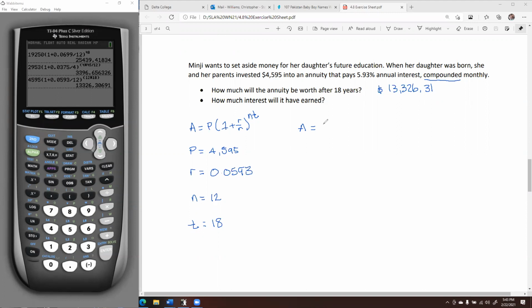The first part is going to be the principal that you invested. And the second part is going to be the interest the investment earns. Okay. So in order to answer part B of this question, we need to isolate that I variable.